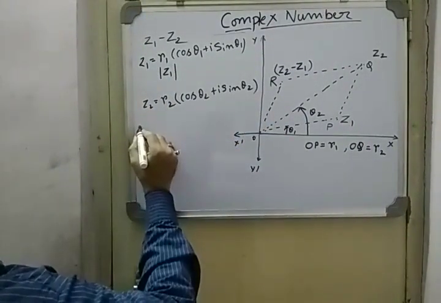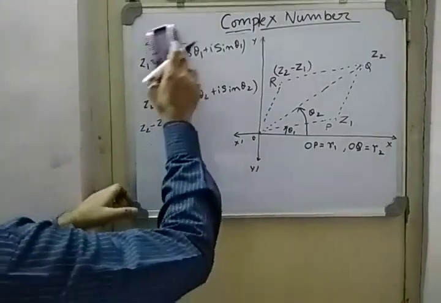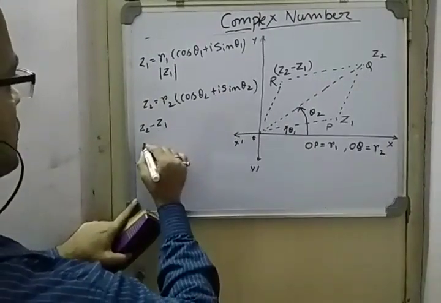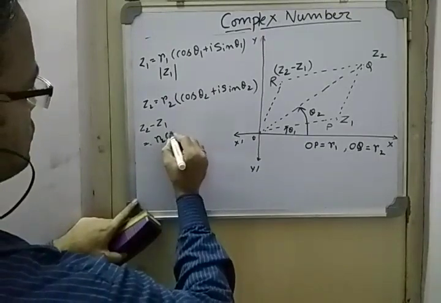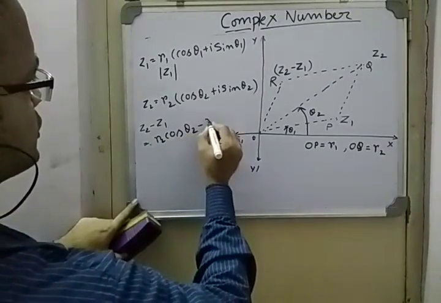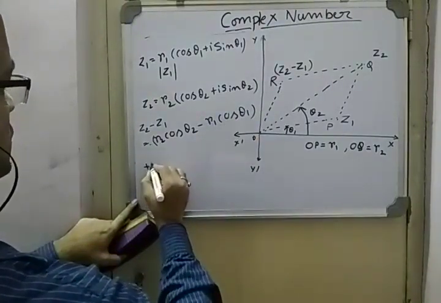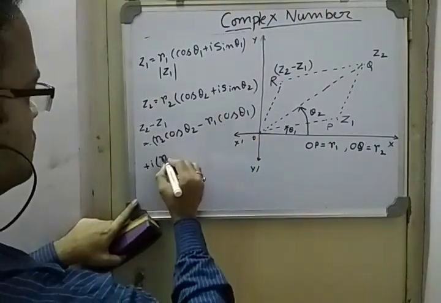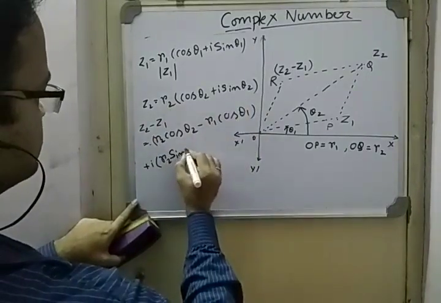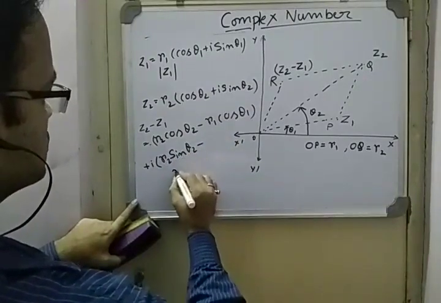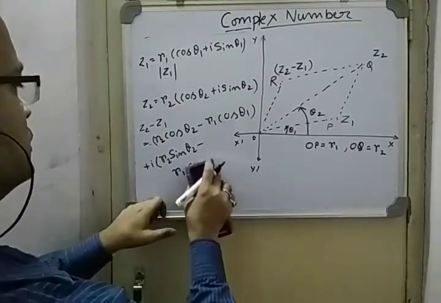Like Z2 minus Z1, if you simply calculate, Z2 minus Z1 is what? Z2 is this, so R2 cos theta 2 minus R1 cos theta 1, plus i into R2 sin theta 2 minus R1 sin theta 1.